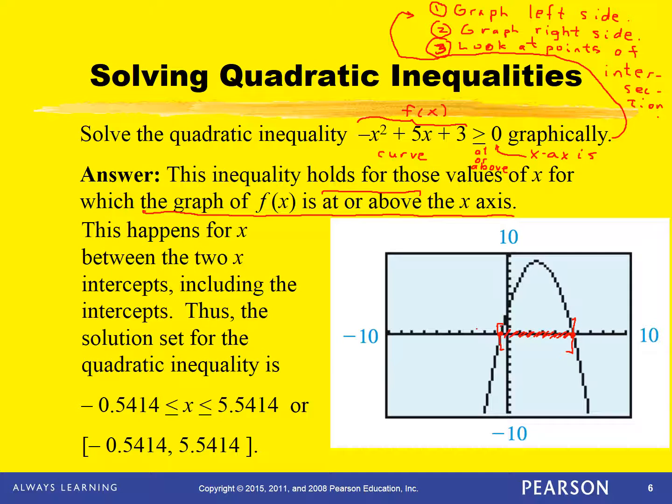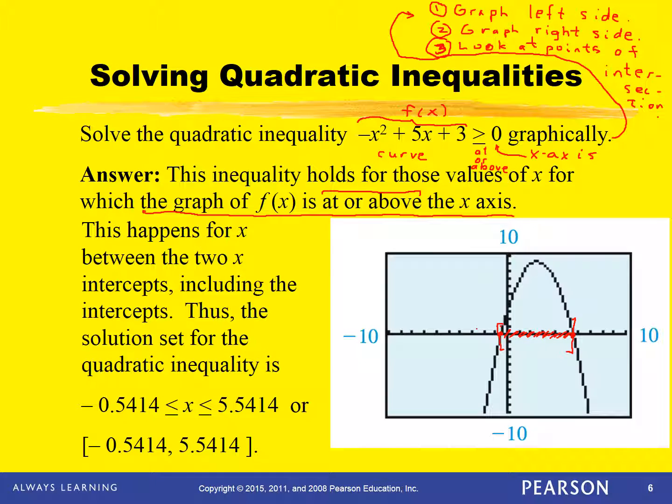And this one over here at, let's see, 1, 2, 3, 4, 5 plus, that's included, whatever that is. And all the numbers in between are included. And that's the set of x values that satisfy the inequality.